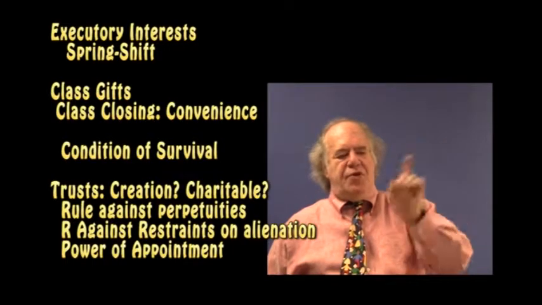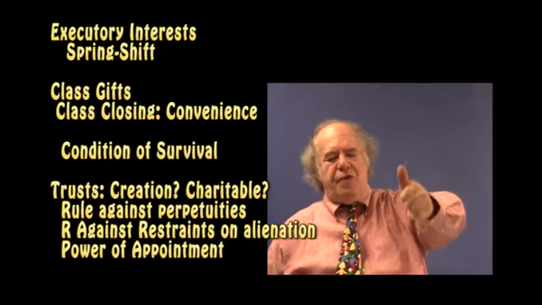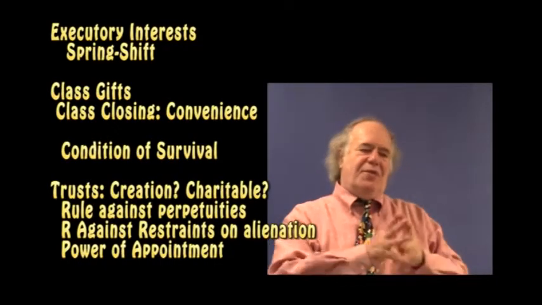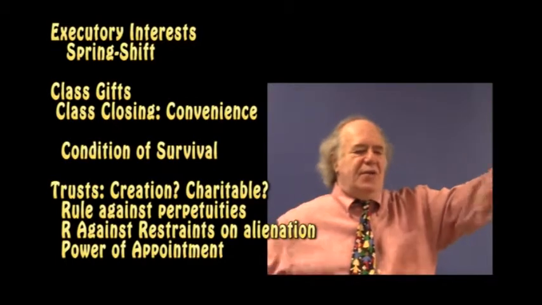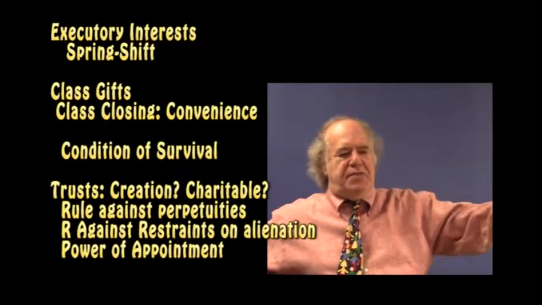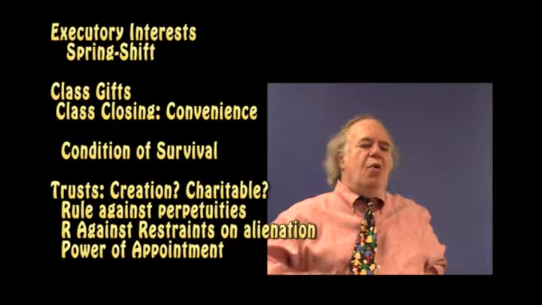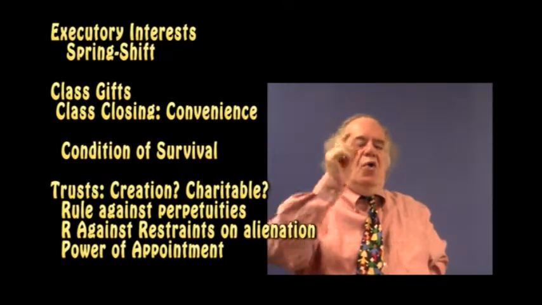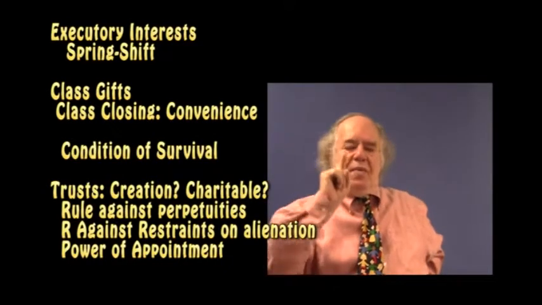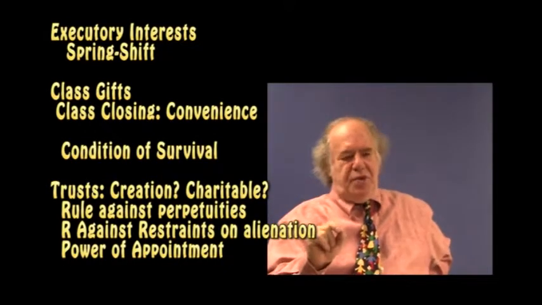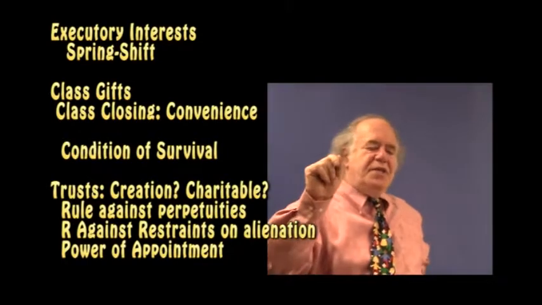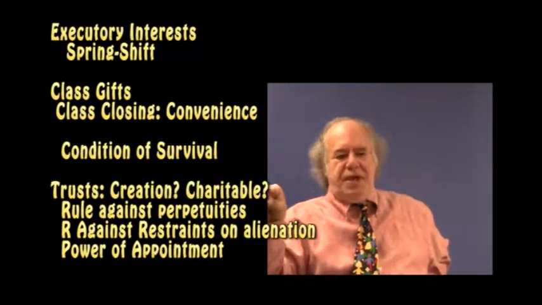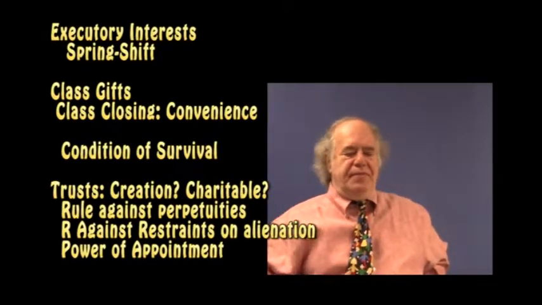Future interests are either in the grantor, in which case they are reversions or possibilities of reverter or rights of entry, or they are in third persons, in which case they are either executory interests or remainders. And if they're remainders, they're either vested or contingent remainders. And if they're vested remainders, they're either absolutely vested or vested subject occasionally to complete divestment or vested subject to open.